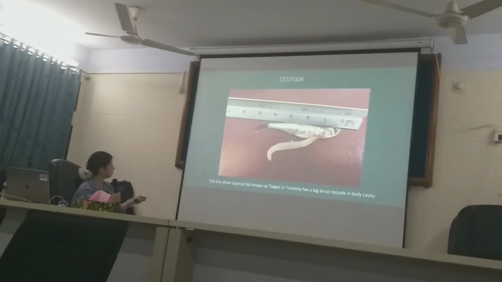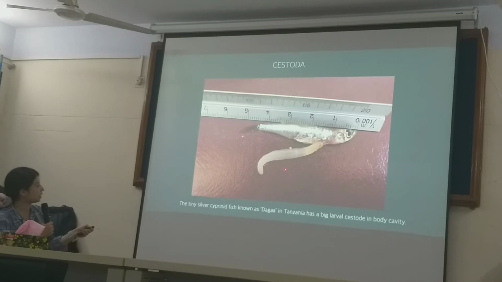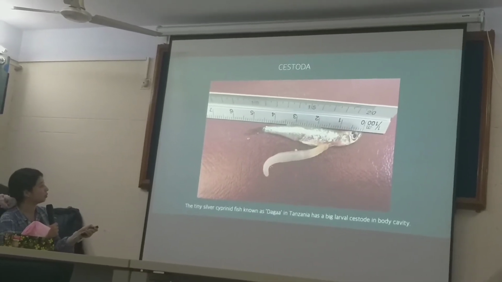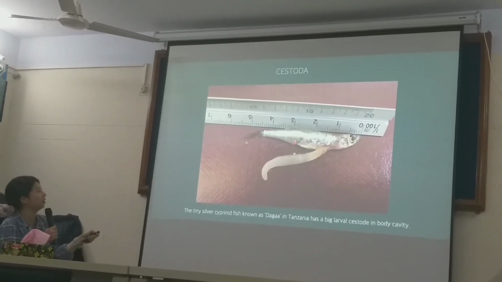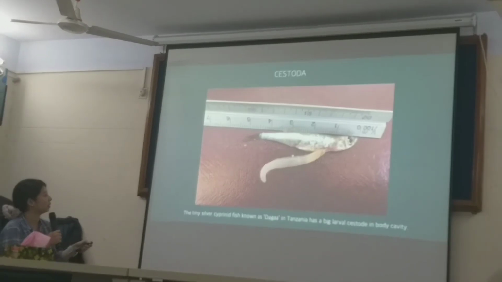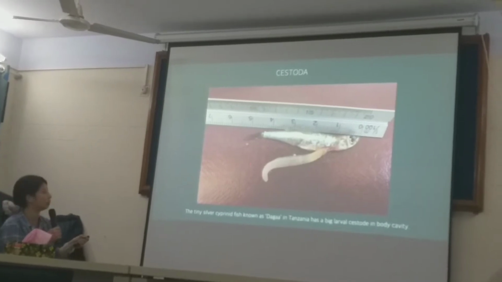This was the ligula. It is a very big larval cestode inside their body. You can see it's almost the same size as the fish, but it was hidden inside. But when the fish is in a bad condition, it comes out of the body.